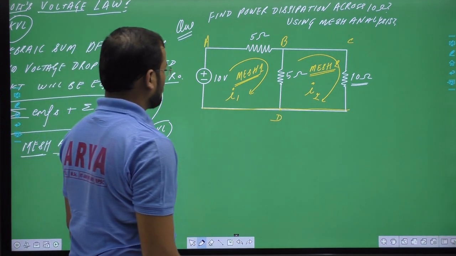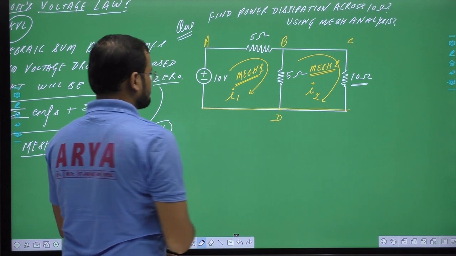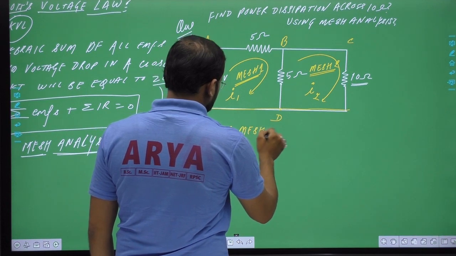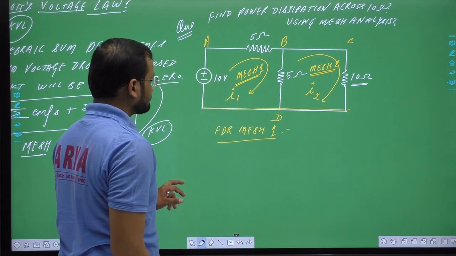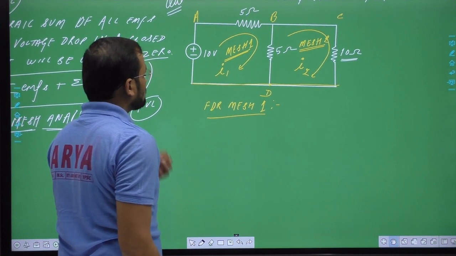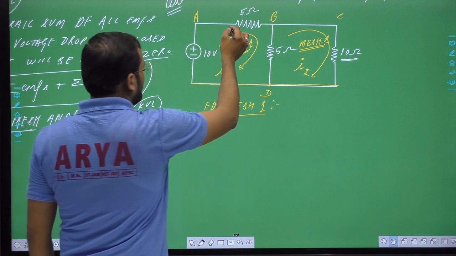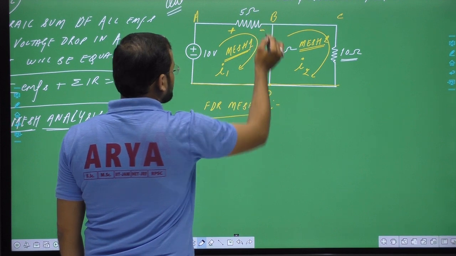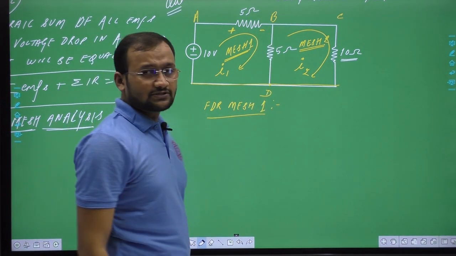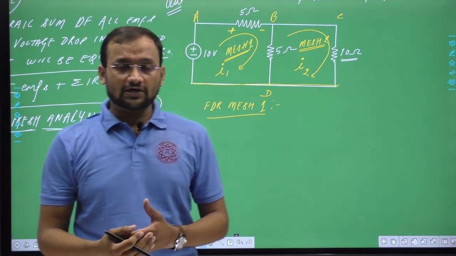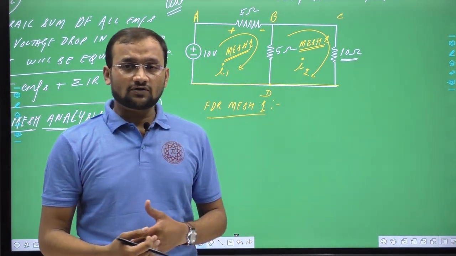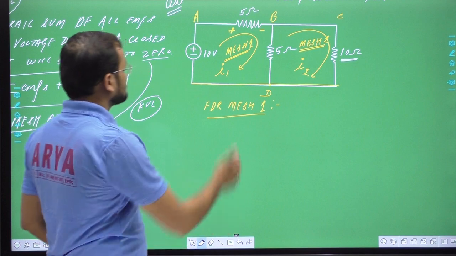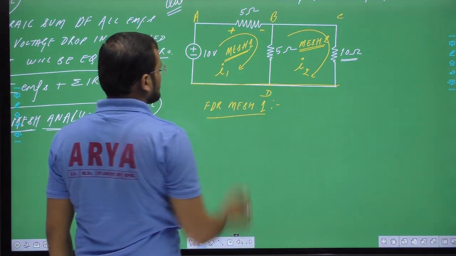Then we have to solve for each mesh. For mesh 1: as you know already, if we enter a resistor, we put a positive sign here and a negative sign here, because before entering the resistor we have a greater value of voltage, and after crossing the resistor we have some value less, because some voltage gets dropped across that resistor.